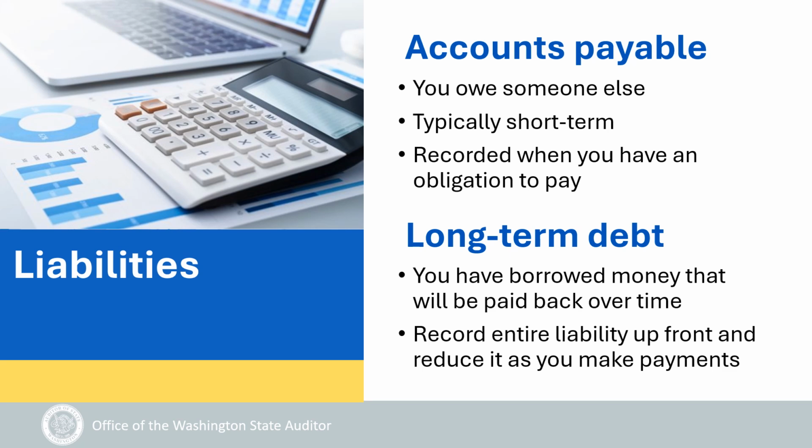Governments also take out loans or bonds for really big projects that would be hard for them to pay all at once. Some examples include building a new city hall or a new road project. The government records a liability for the full amount borrowed. They reduce the liability as they repay the debt.